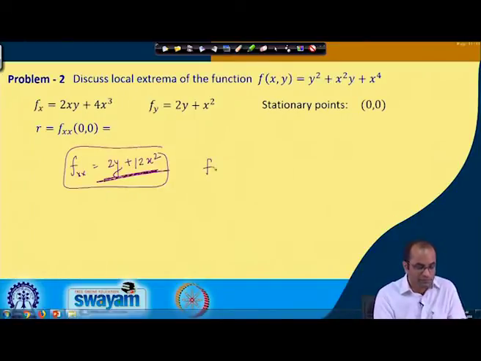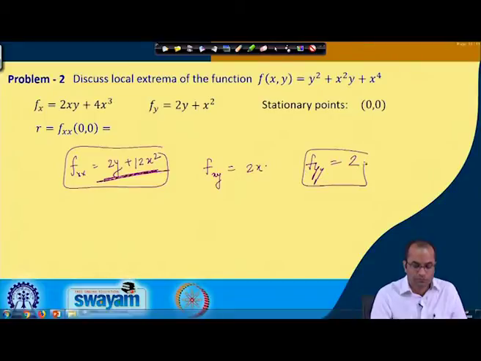If we compute here f_xy, which is also needed, with respect to y here we will get 2x term, and then f_yy we will get 2, because when we differentiate with respect to y we will get 2 there.